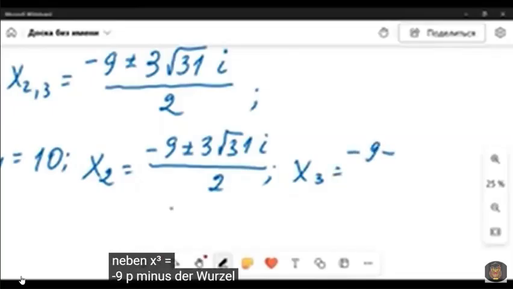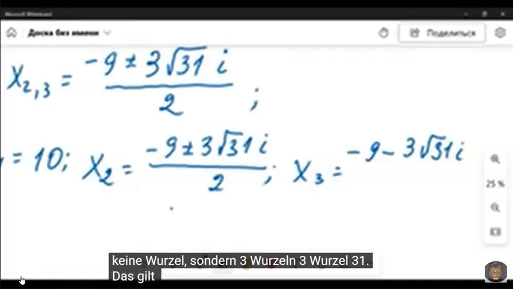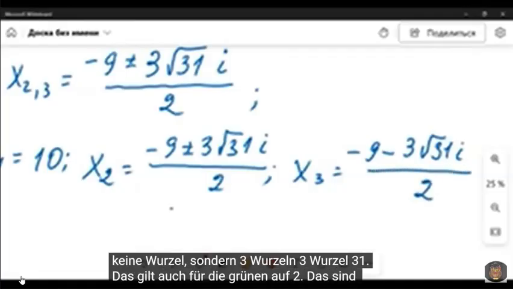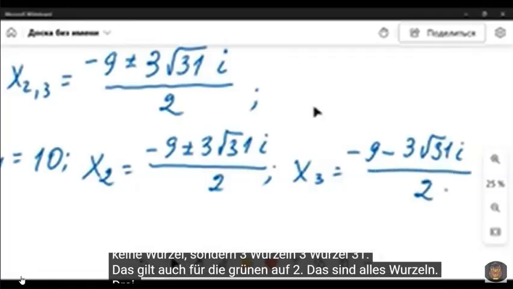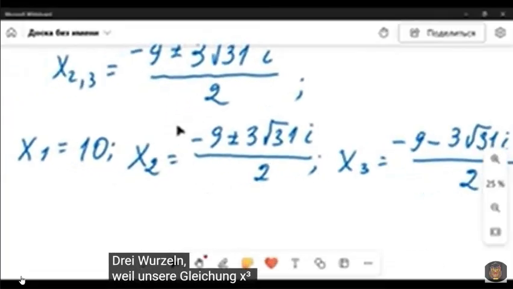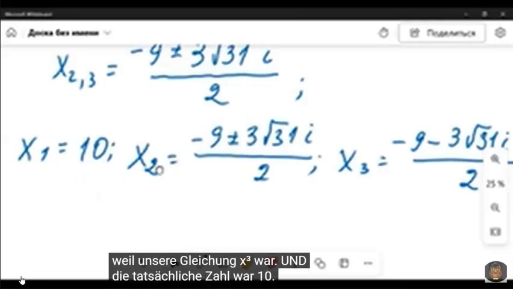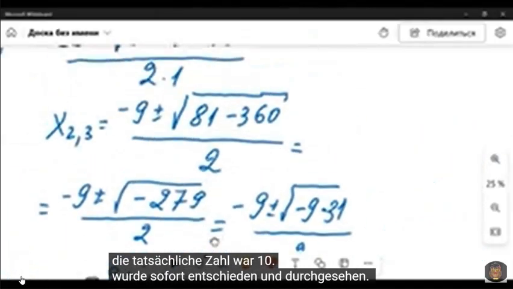All these are roots, three roots, because we had an equation with x cubed, and the real number was 10, which was immediately solved and viewed.